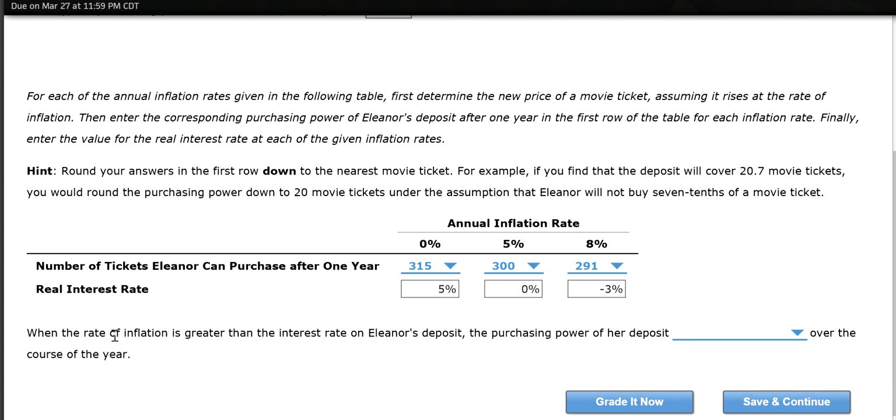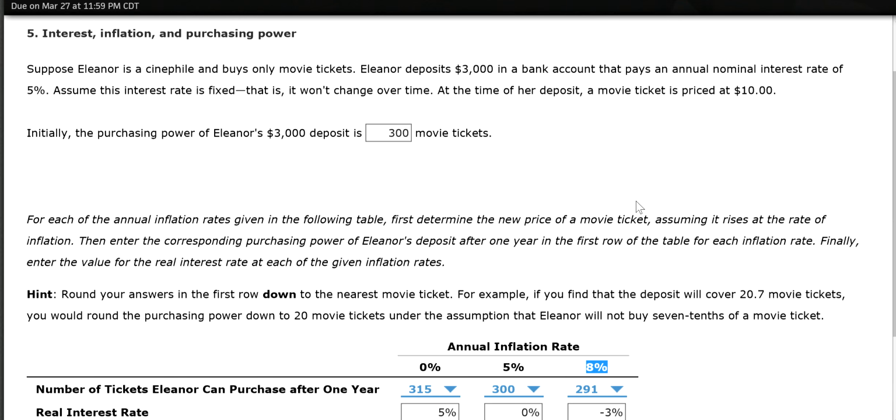So when inflation is greater than the interest rate, the purchasing power of Eleanor's deposit will decrease or fall over the course of the year. This is the example over here. You see how this is 8% inflation, and her nominal interest rate was 5%.